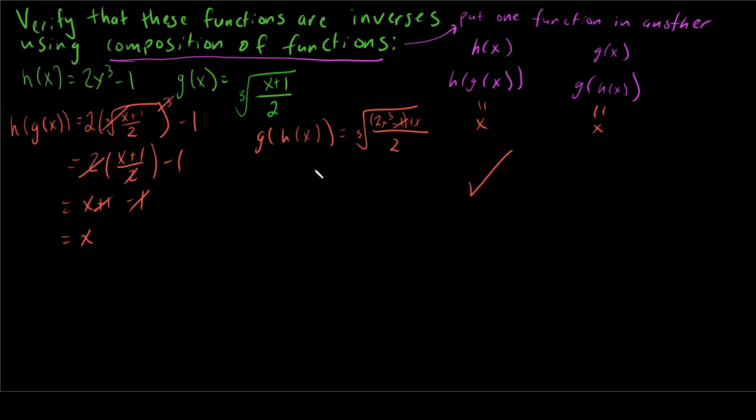So these should simplify, and we get the cube root of 2x cubed over 2. These simplify, so now we have the cube root of x cubed. These simplify, so you're just left with x. And since both of these are in fact just x, we're done. Via composition of functions, we have verified these two functions are inverses.